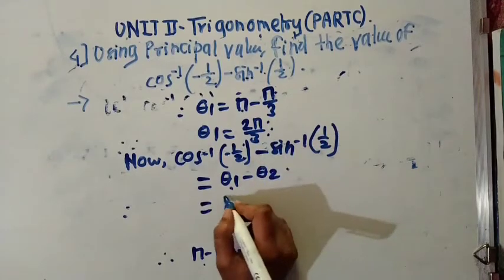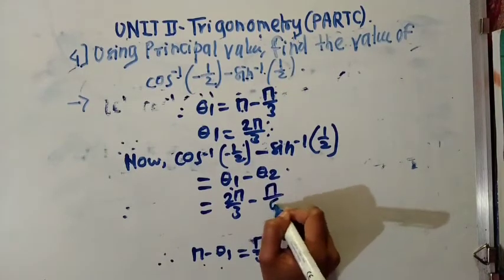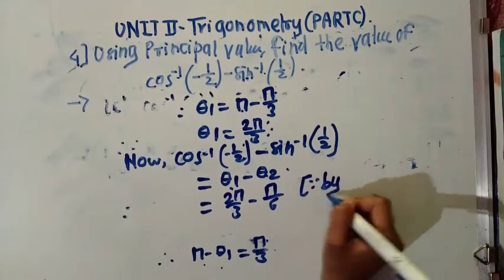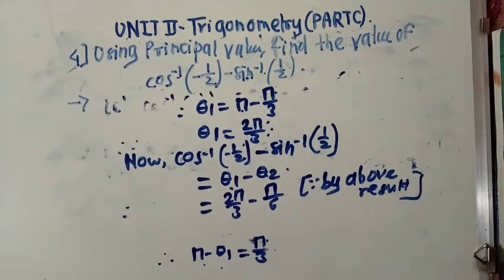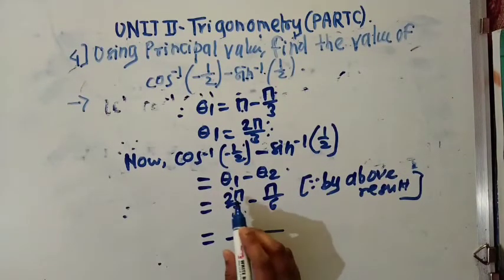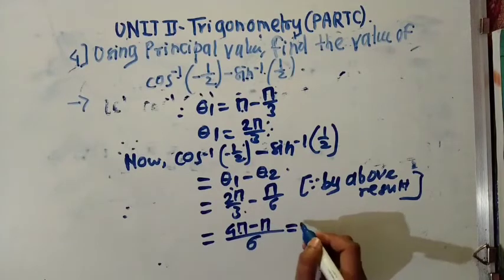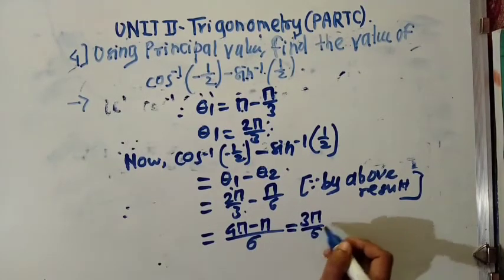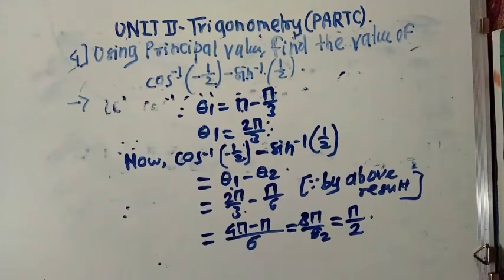But theta 1 is 2 pi by 3 and theta 2 is pi by 6 by the above results. So make the denominator the same. 6 is the denominator: 2 pi by 3 is 4 pi by 6, so 4 pi minus pi is 3 pi upon 6, which is equal to pi upon 2. Hence this principal value is pi by 2.